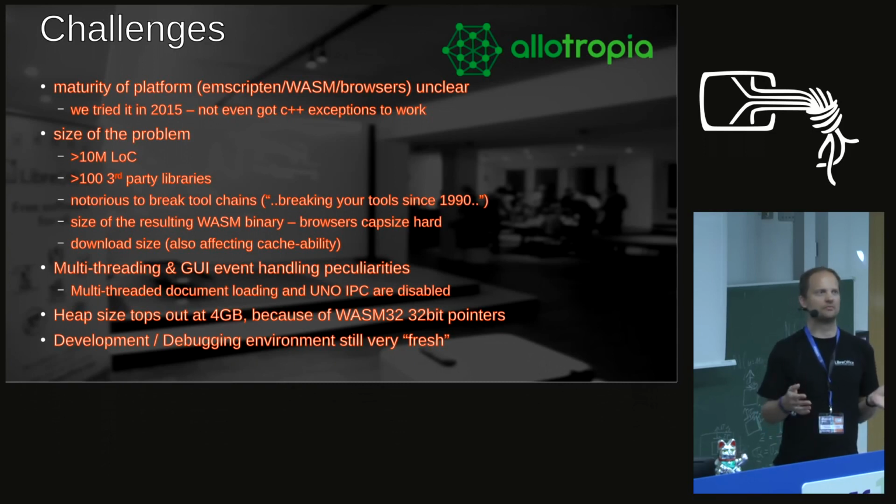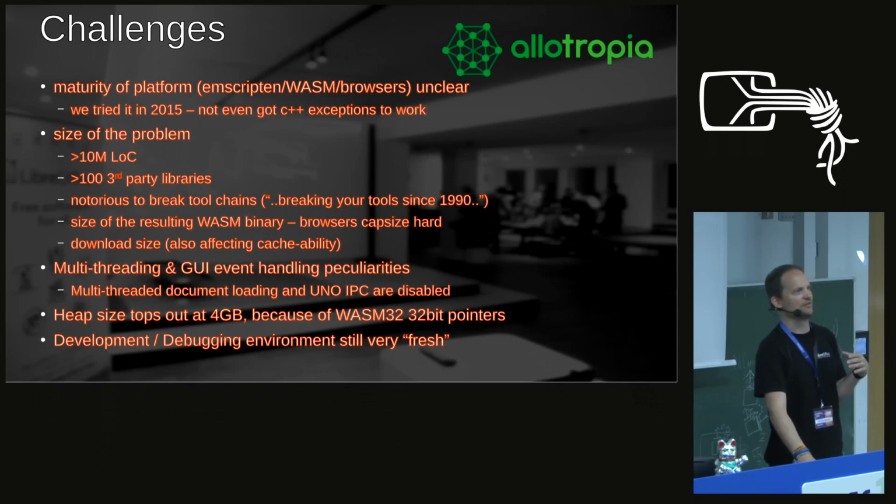We were hopeful we could pare it down by just cutting things out that we don't necessarily need, and try writer first and leave all the other applications out. So it was clear from the get-go that we would be running into size issues.